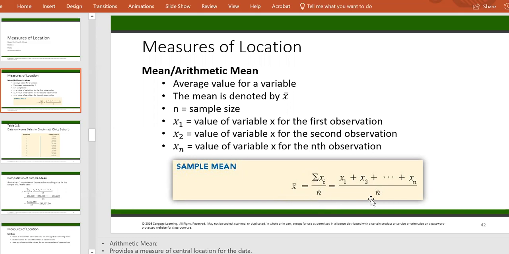You don't need to manually find the value of X bar here. You just need to know the average function in Excel and be able to use it for computation purposes.